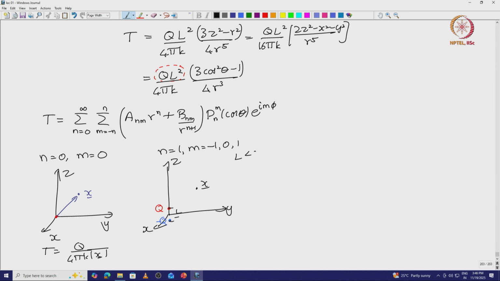So, L is much smaller than x. The temperature field was equal to q L by 4 pi k r cubed.